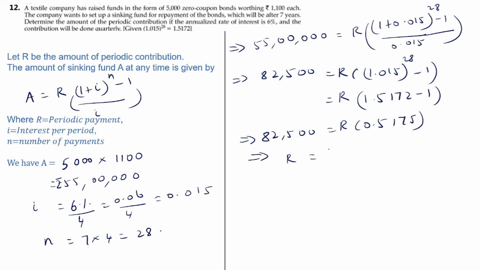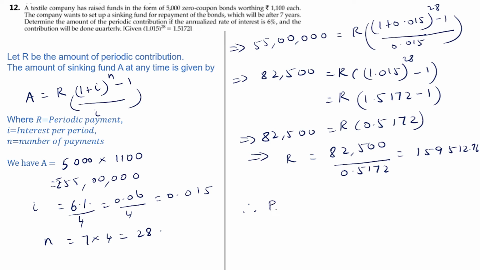So from this we get R as 82,500 upon 0.5172. Now when we simplify, we get 1,59,512.76.